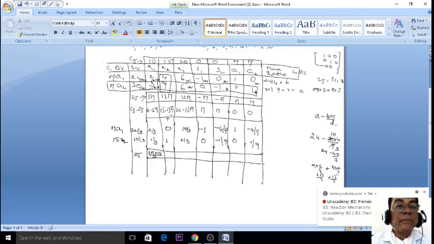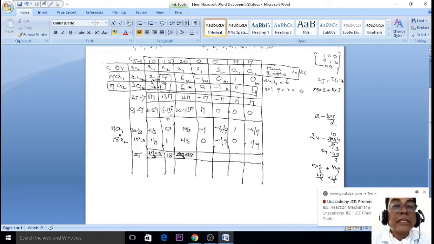Go to the next: M into 0 plus 15 into 1 is 15. Same thing: M into 10 by 3 plus 15 into 2 by 3. Simplified, you will get 10M plus 30 by 3.